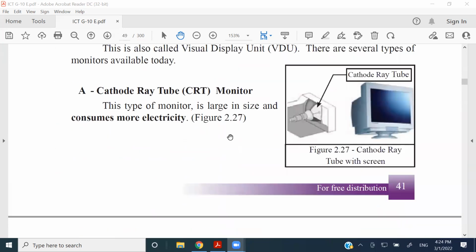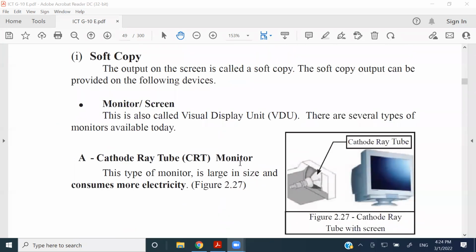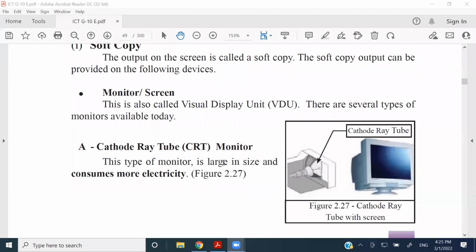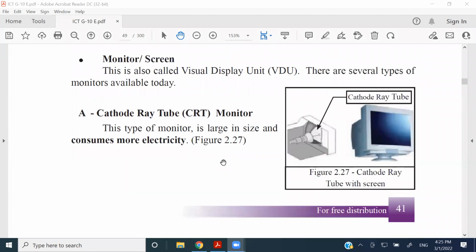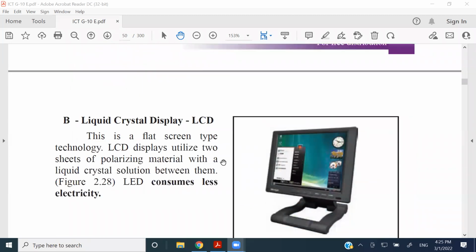Now when it comes to the CRTs, it is big in size and it has a component called the cathode ray, which helps you to plot a particular picture on the screen, right? Later I'll show you a detailed one, for your information.